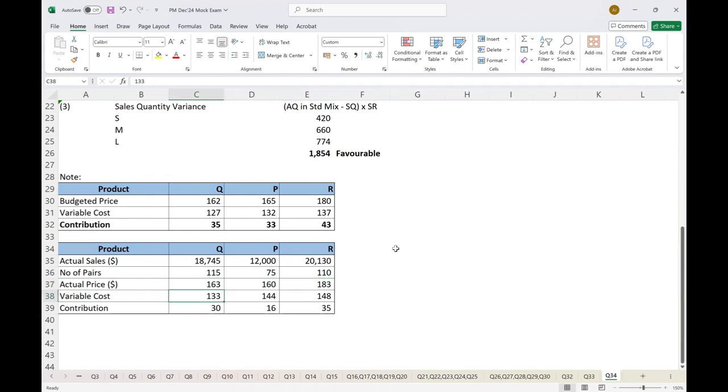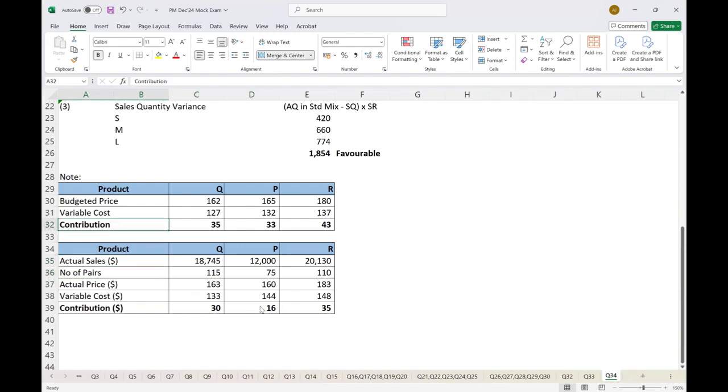Variable cost, actual, was also given to us in the question. So if I reduce the variable cost, I get the contribution. Sales minus variable cost is the contribution. That is 30, 16, and 35.